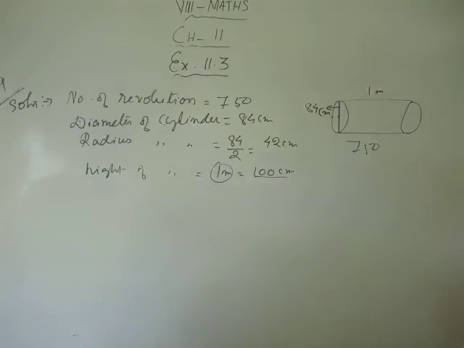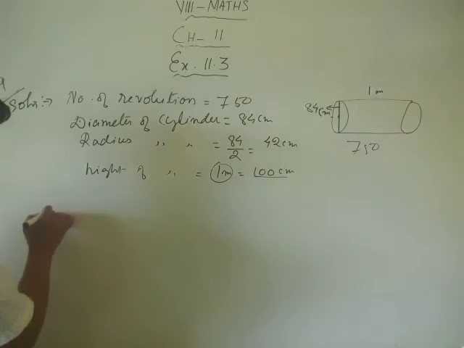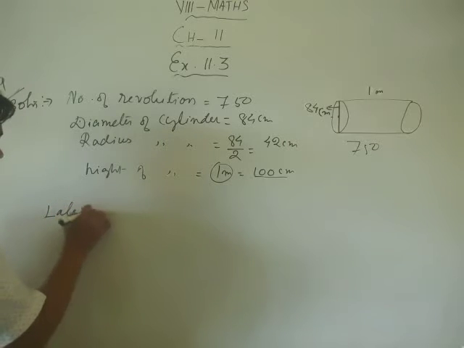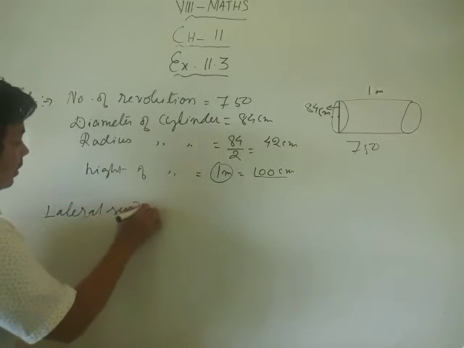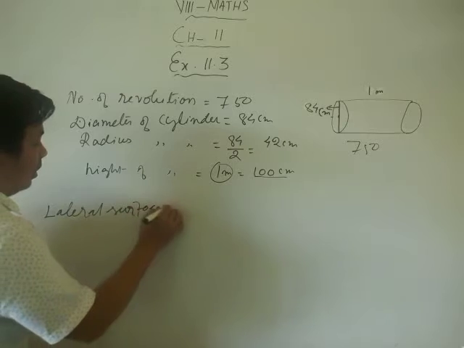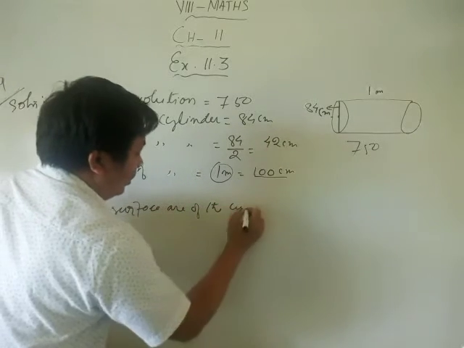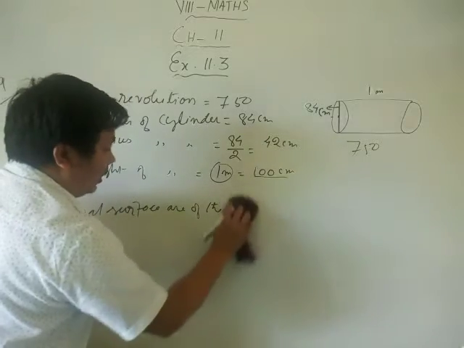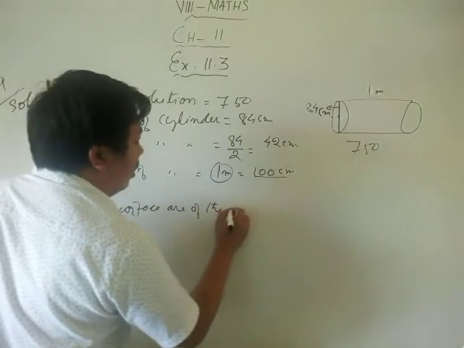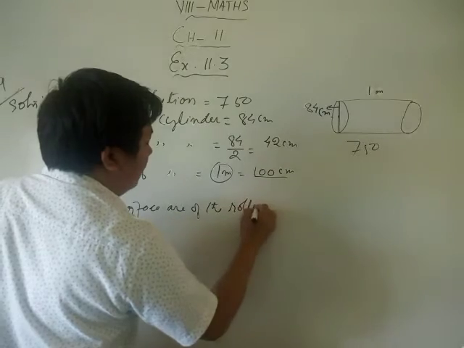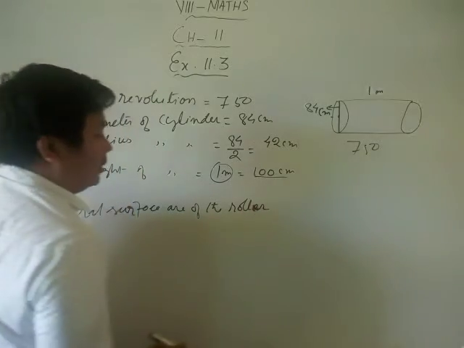From there, what are we going to find out? We are going to find out the lateral surface area of the cylindrical roller. Lateral surface area of the cylinder or lateral surface area of the roller. You know, a roller is a cylindrical piece, isn't it?